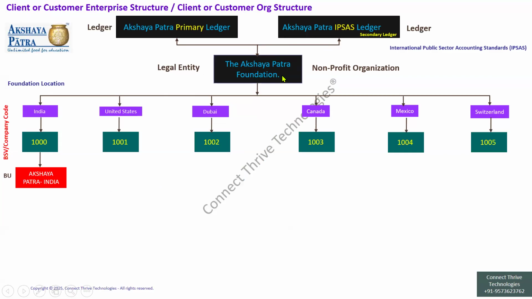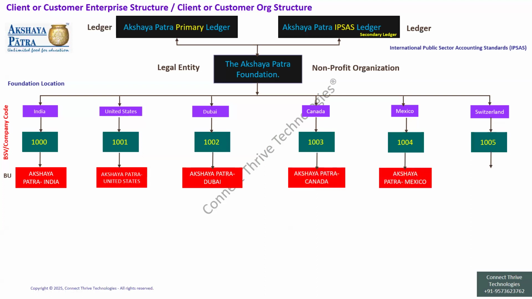So in this case, we have one legal entity, and under the legal entity, for India I created one BU, Akshay Patra India BU, and Akshay Patra United States BU, Akshay Patra Dubai BU, Akshay Patra Canada BU, Akshay Patra Mexico BU, Akshay Patra Switzerland BU.